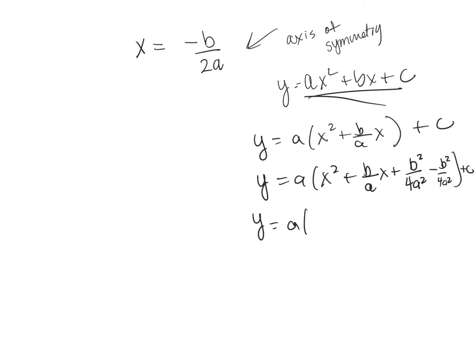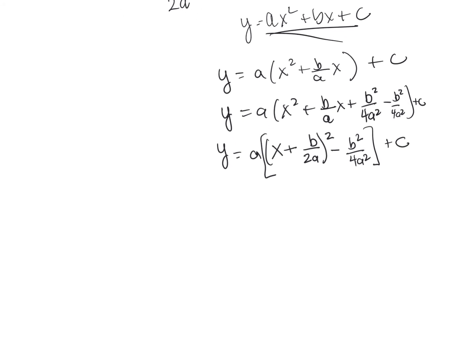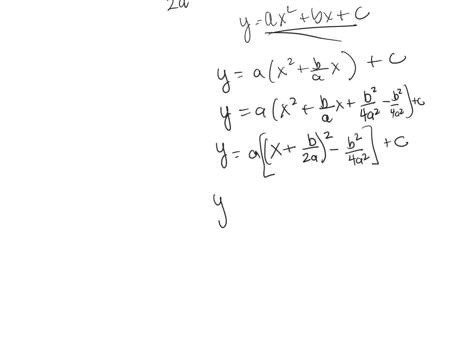Now I'm going to complete this square. It's going to be x plus, and this is the square root of this, which would be b over 2a, squared. And then minus the b squared over 4a squared, and plus c. If I simplify that one more time, this would be x plus b over 2a, squared.